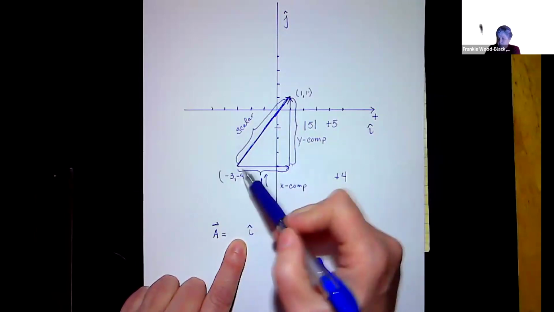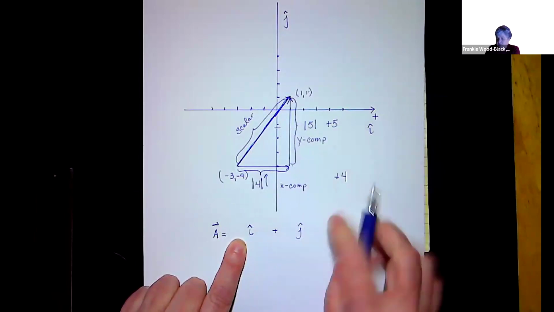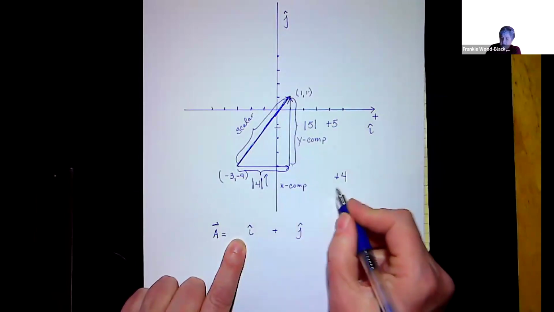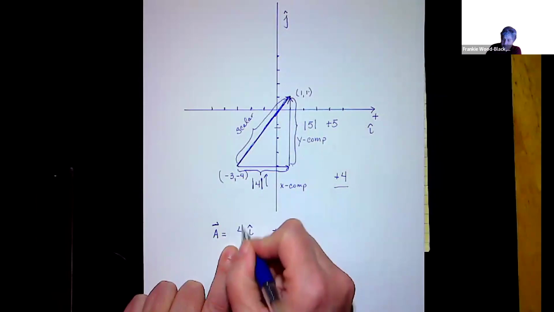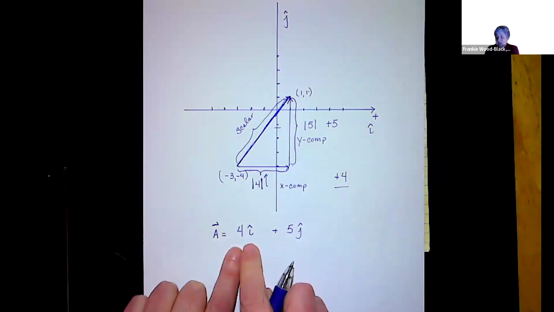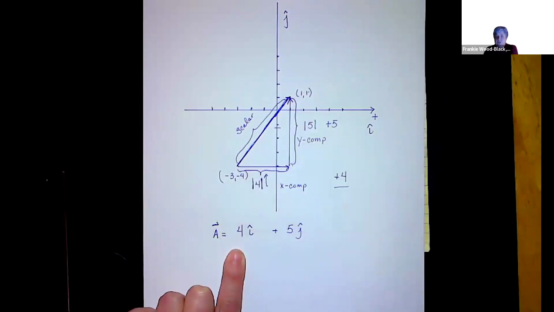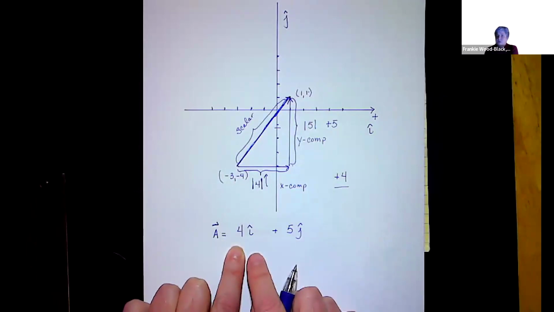So now I can rewrite this vector here. The magnitude of this vector is that I have a +4 and I have a +5. And now I have written the direction and the magnitude of that vector. Now I know it doesn't look like I've written the magnitude, but I have.